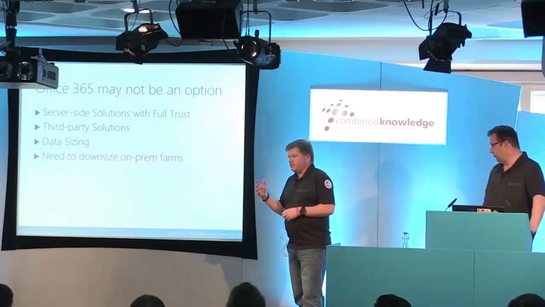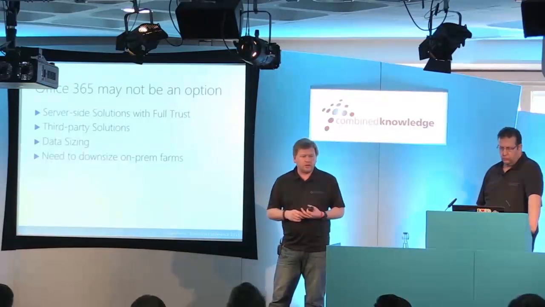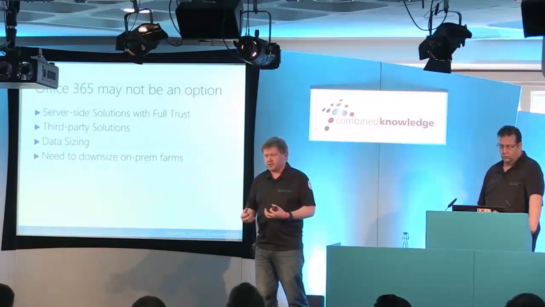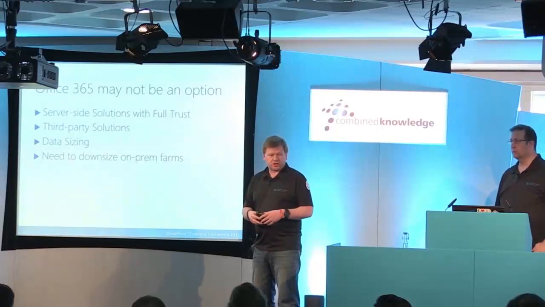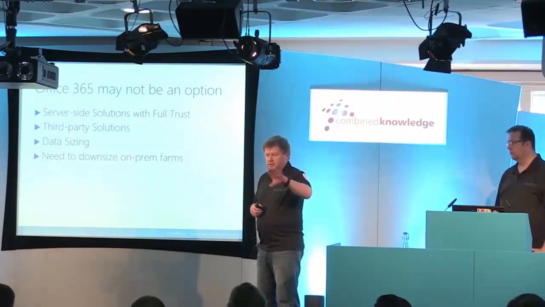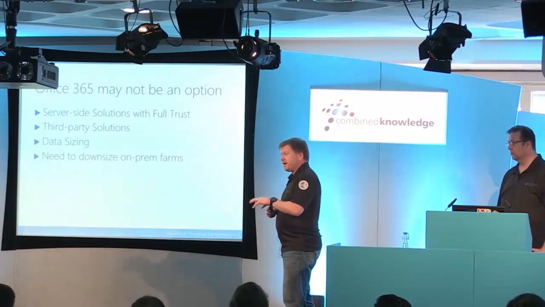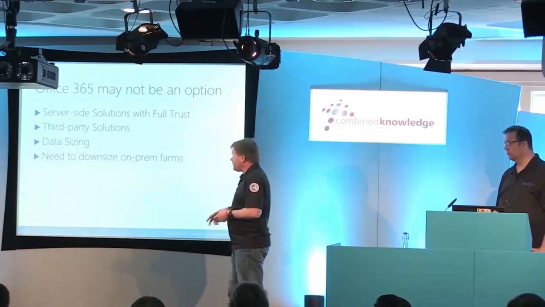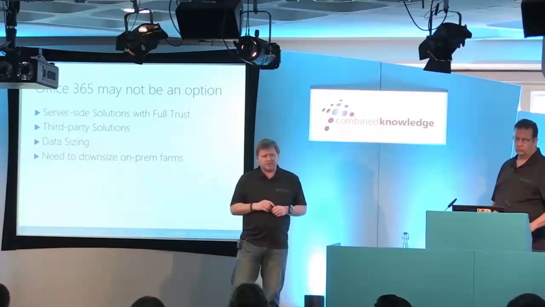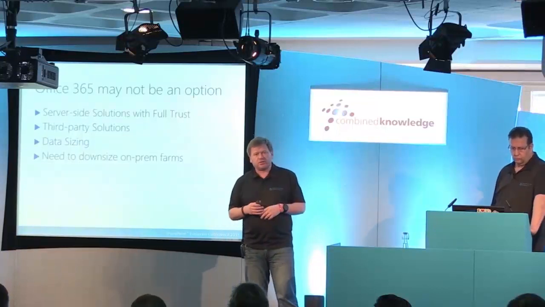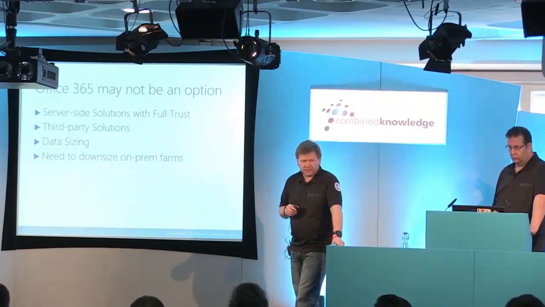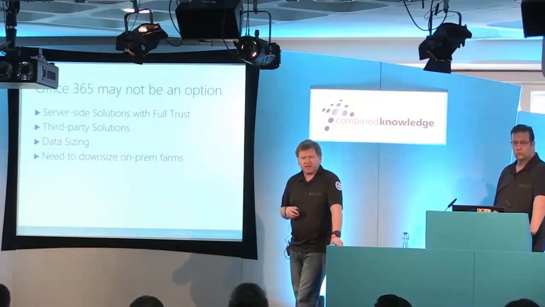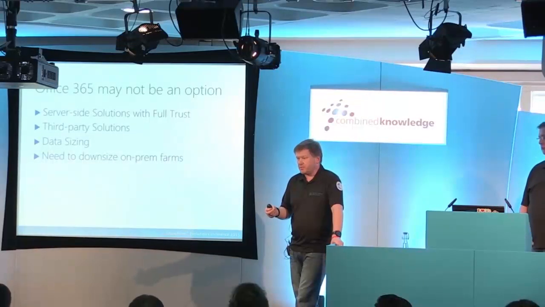Generally, if you're in the world today where full trust code is a requirement for you, there are things you simply cannot do with the various app models, or you have investments in products and solutions that you've purchased and you want to get them to end of life before you try and redevelop them to do something else, then IaaS might be an option for you. Things like data sizing: with Office 365, we've recently announced the 1 terabyte OneDrive and the unlimited number of site collections, but data size might still be an issue for you in terms of general migration, perhaps.